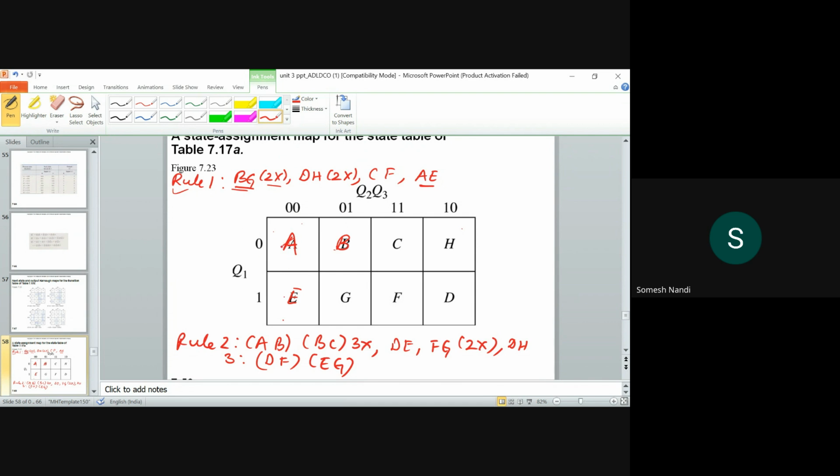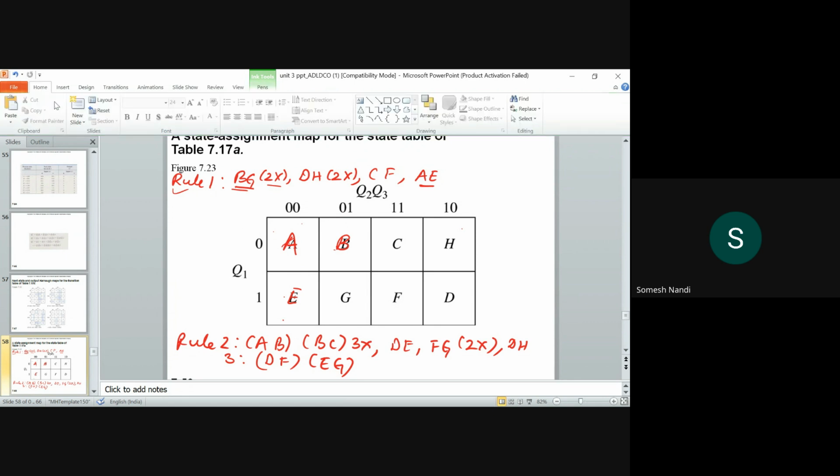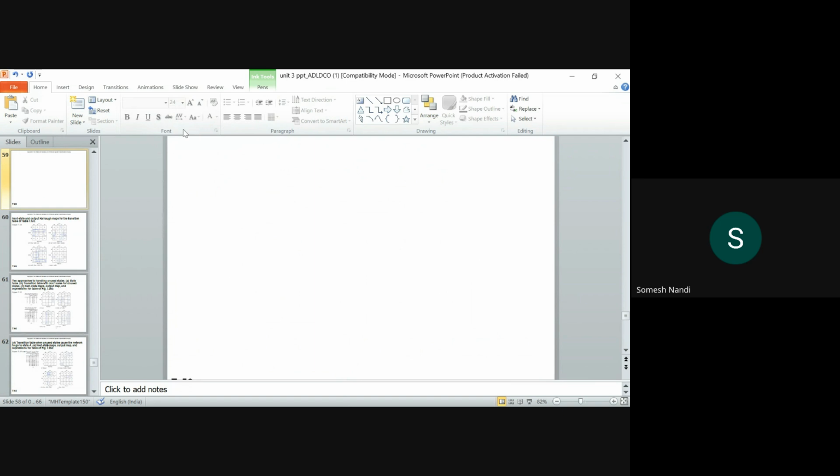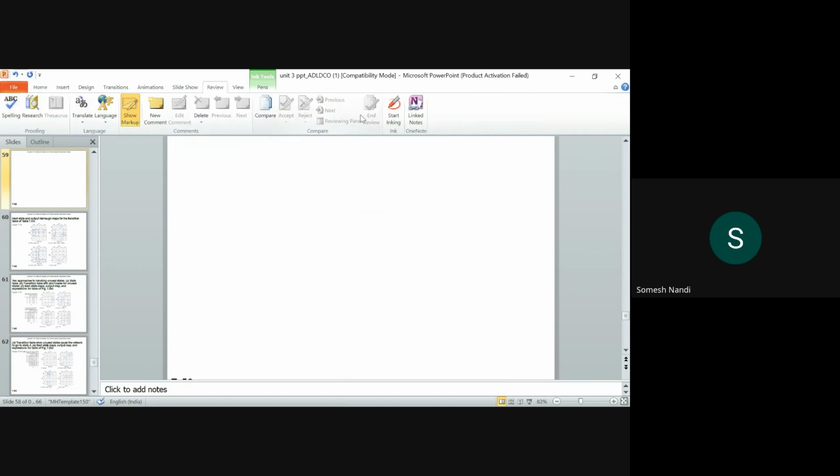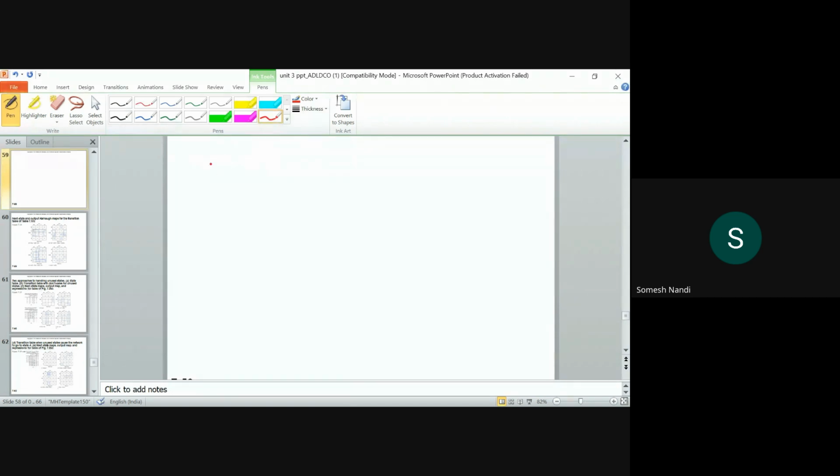Now we have to think of where to put, or shall I take one blank screen and show so that we can do it properly? Okay. Rule 1, rule 2, rule 3. As you all are aware, it is BG 2 times, then DH 2 times, then CF and AE.